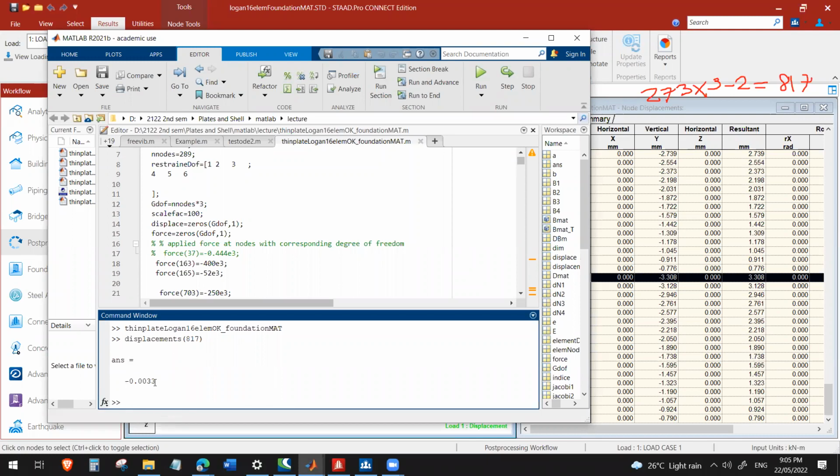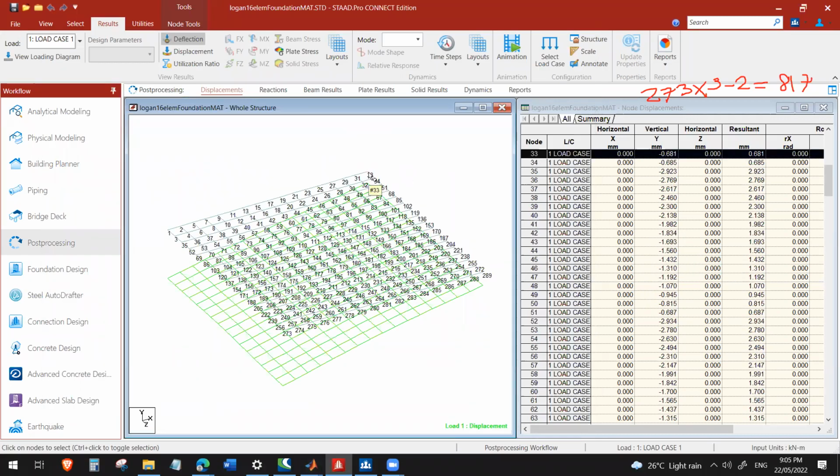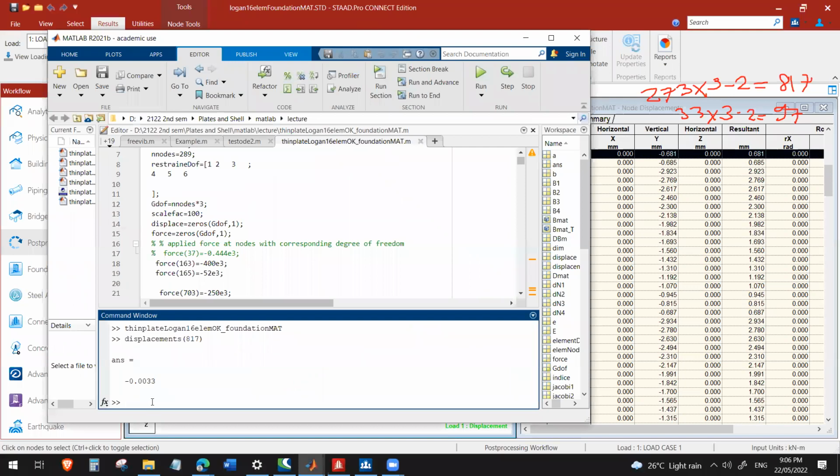It's the same, negative 3.3 millimeters, which is the same as our STAAD. How about here? Node 33. That's 33 times 3 minus 2, which is 99 minus 2, 97. So that should be 0.681 millimeters. Displacements 97.